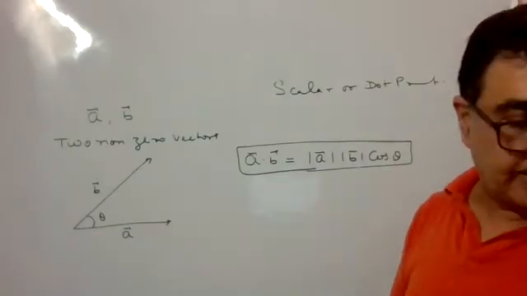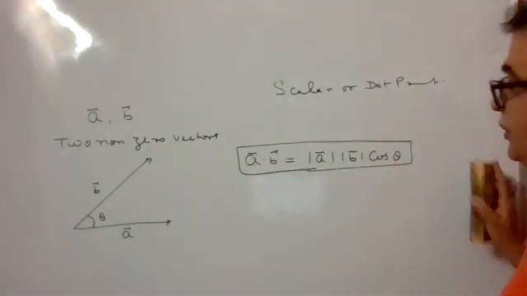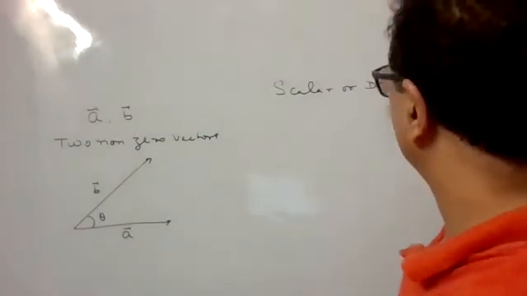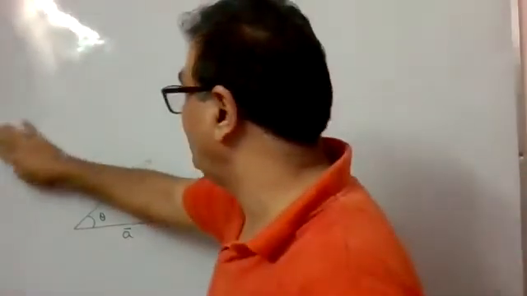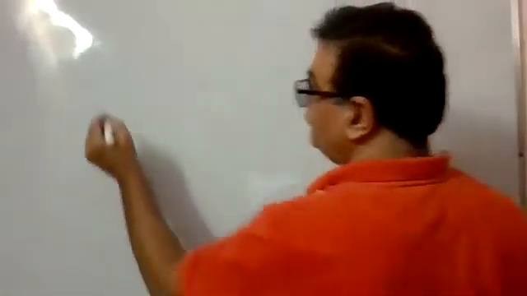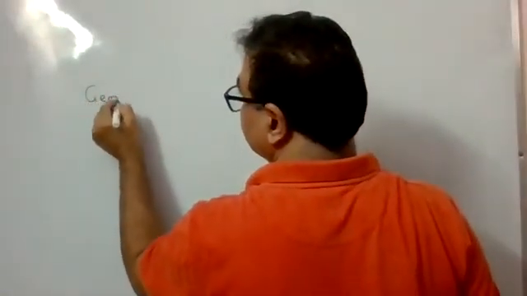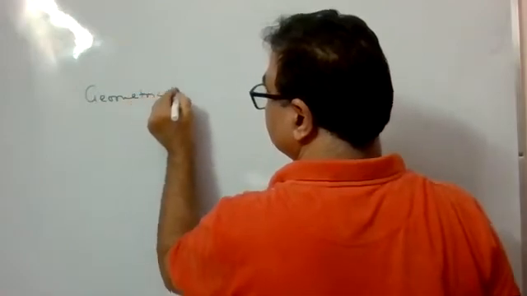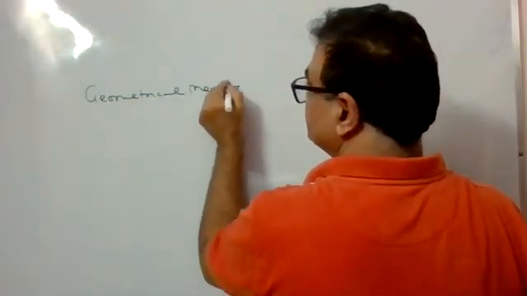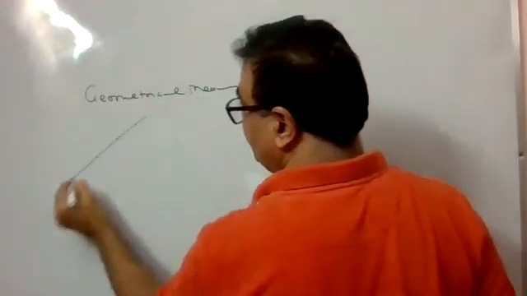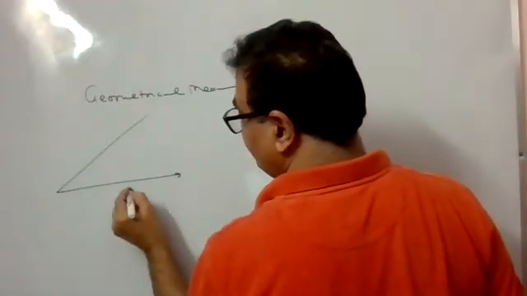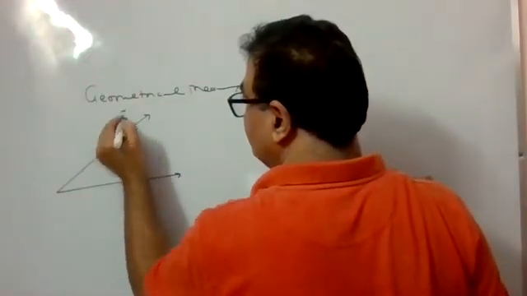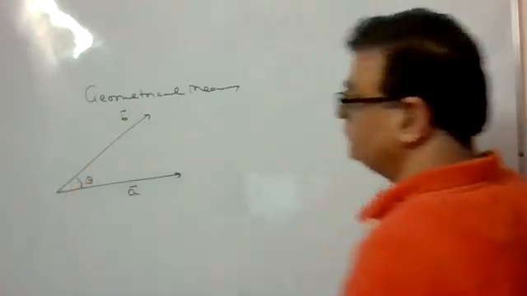After getting scalar product, one more thing we should now know, that is the geometrical meaning of dot product. In the geometrical meaning, this is vector A, this is vector B, this is angle theta we have.